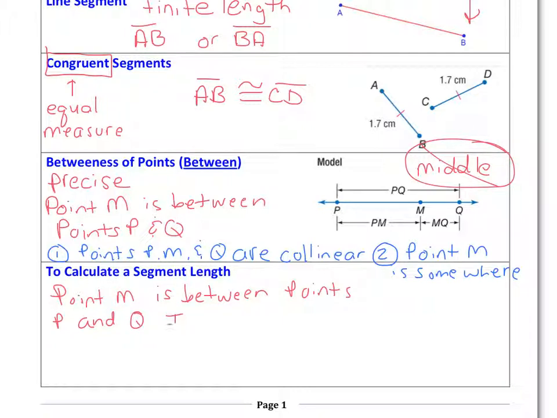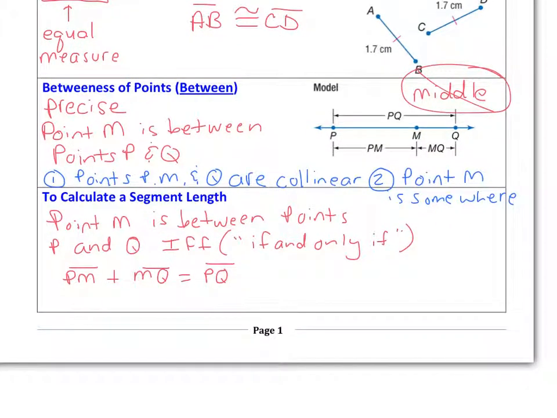If and only if is abbreviated IFF. I'm going to put it in here. If and only if segment PM plus segment MQ equals segment length PQ.